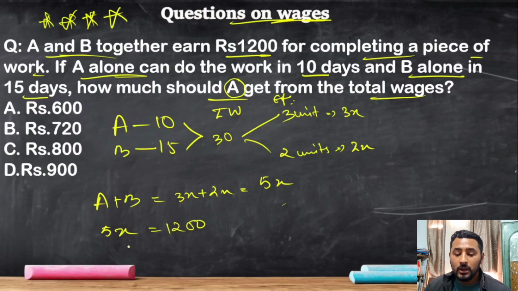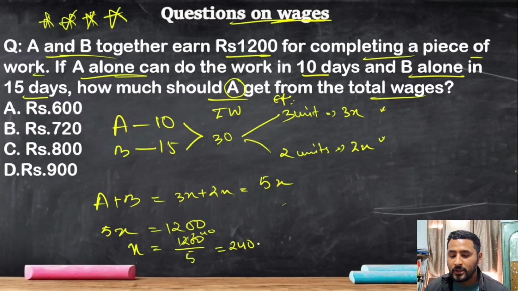Yes or no? If you need to find the wage for a particular person, A or B, you should get the value of x first. 1200 by 5 is 240, so x is 240 rupees.